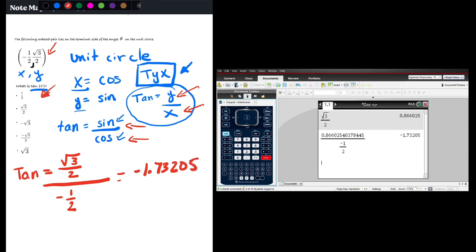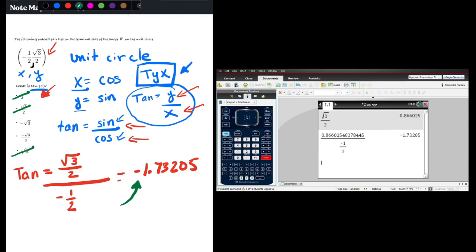No, I don't. But this is where test taking strategies come into place, okay? I know that my answer is a negative answer, so I can automatically start eliminating anything that's positive. So it's not 1/2, it's not a positive square root of 3 over 2, and it's not the square root of 3. Those are all positive answers, okay?